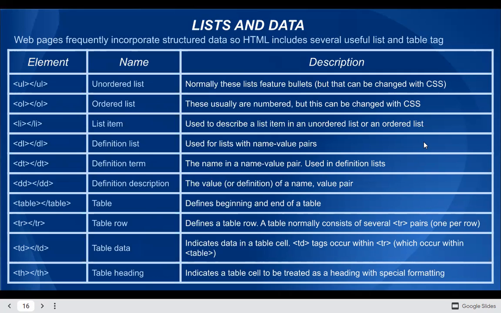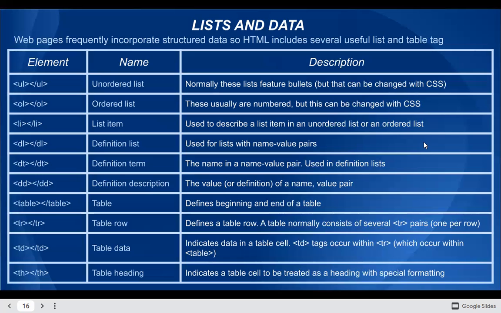These are usually numbered, but this can be changed with CSS. LI, list items, is used to describe a list item in an ordered list or an unordered list. Definition list, DL, is used for a list with name value pairs. DT, definition term, is the name in a name value pair used in a definition list. DD, definition description, is the value or definition of the name value pair. Okay, these are the things: list, definition term, definition description.